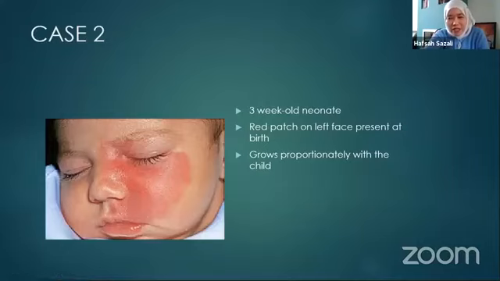just bear in mind that infantile hemangioma in PHACE syndrome can also present in a segmental pattern. So 15% of infantile hemangiomas can occur in a segmental pattern, and therefore you can actually get confused between the two.